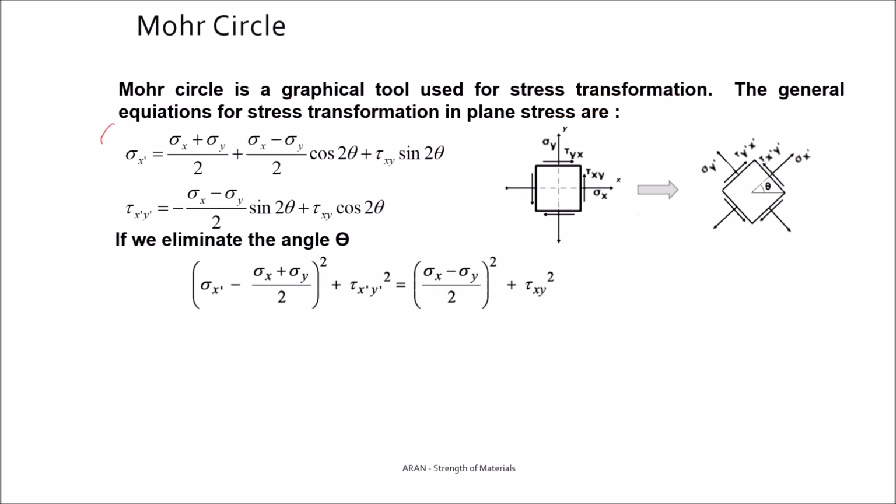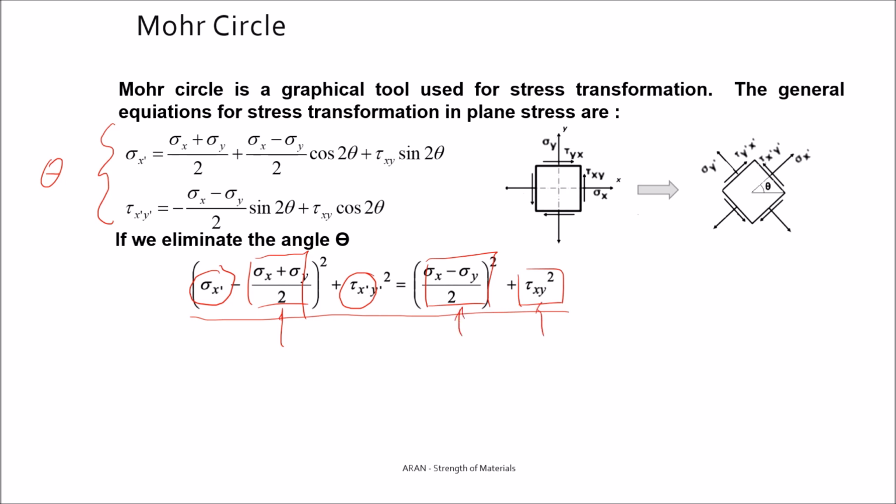If you take these two formulas and eliminate the angle theta, you can get a relationship between sigma x prime and tau x prime. The other values are known stress components from the initial orientation.